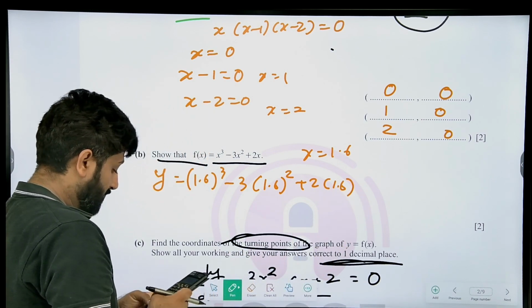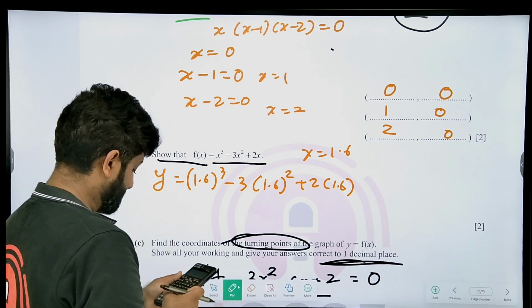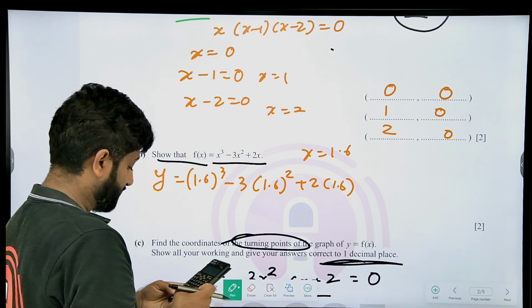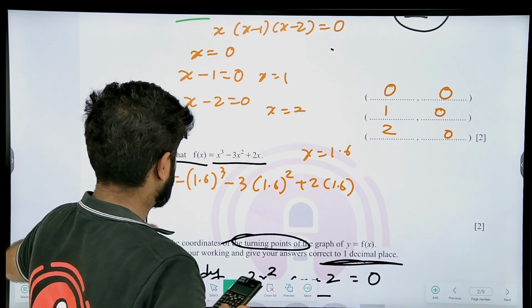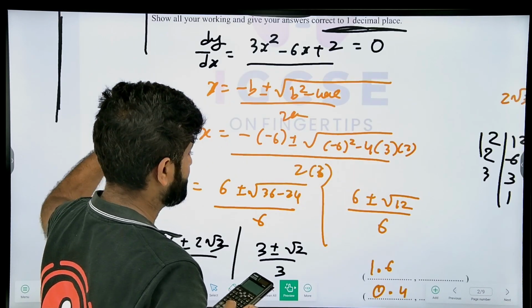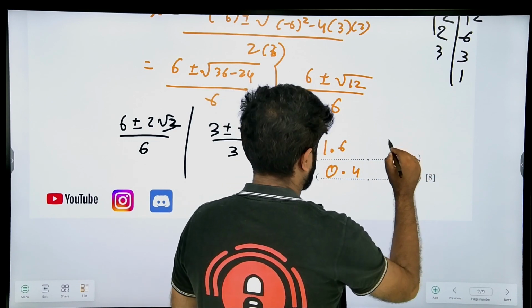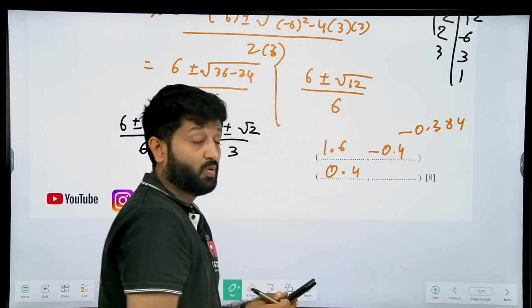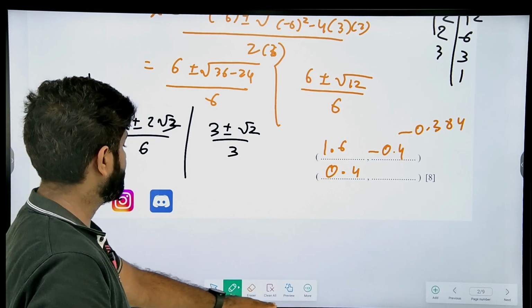So the value of y is minus 0.384. But as I have to write up to 1 decimal place, it is going to be negative 0.4.